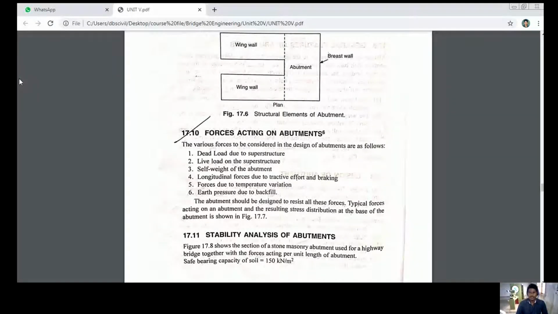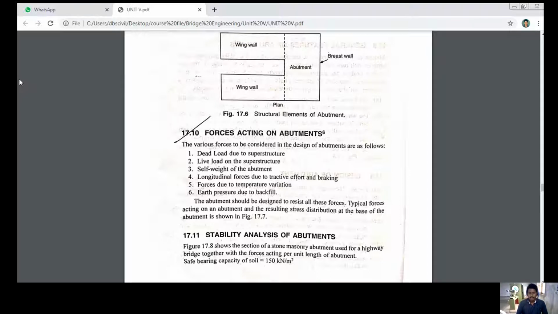The second one is live load. Live load on superstructure. Live load is nothing but the extra load that could act on the superstructure. The superstructure is a dead material, it has nothing to do, it's just a component.